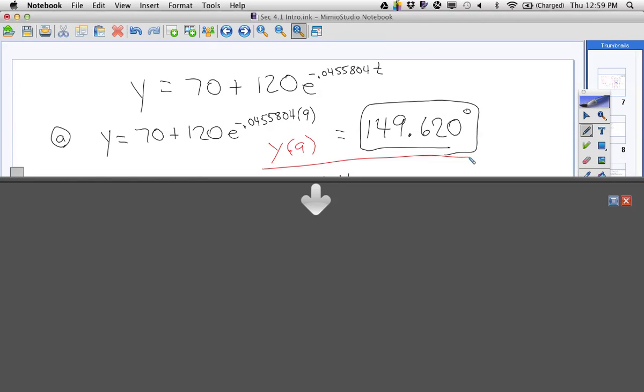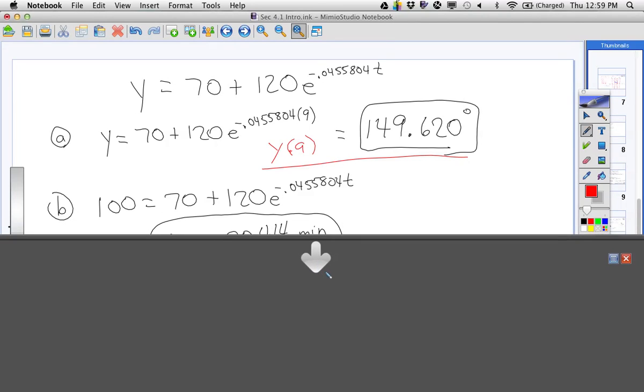And then the next question was, when will the temperature be 100? So now you've got to set that equal to 100 and solve for T. Now, again, I know some of you don't like to show all your work. You could write that in the red, and that would be good enough too. Assuming you've already defined Y to be that equation at the top, you could just write Y of T equals 100.